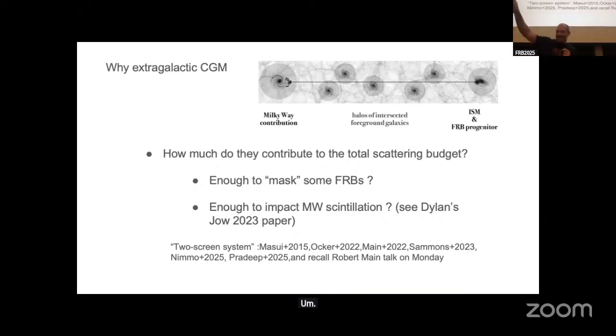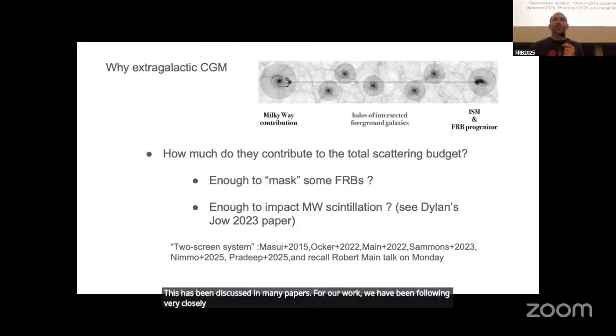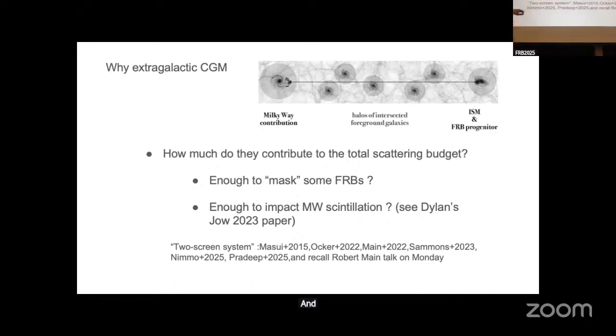these halos could also impact the scintillation that we observe in the Milky Way. This has been discussed in many papers. For our work, we have been following very closely Dylan's Joe's fantastic paper, which also treats this aspect. This is what I would call the two-screen system or the two-screen scenario.